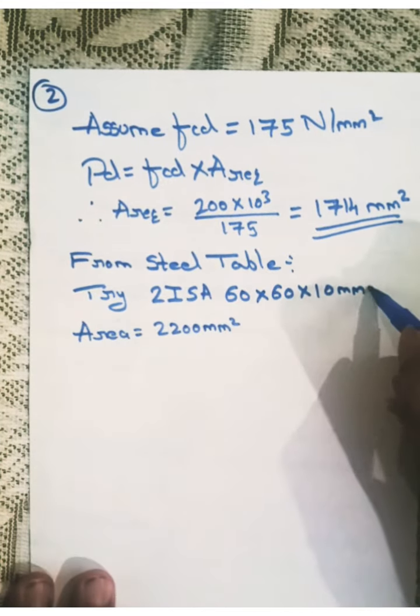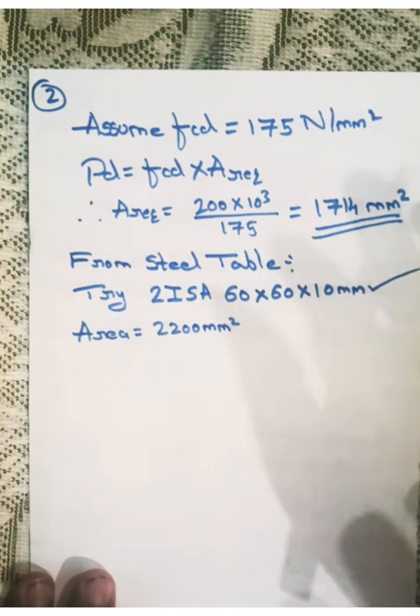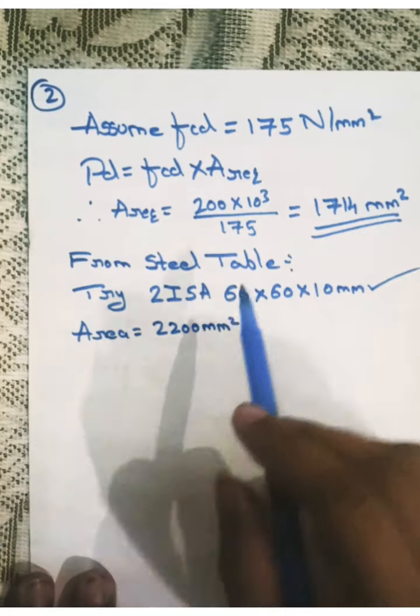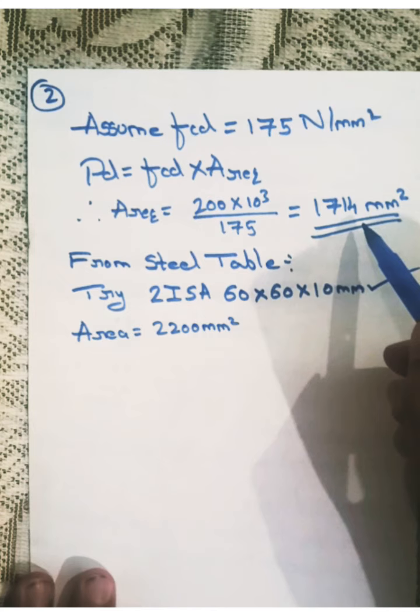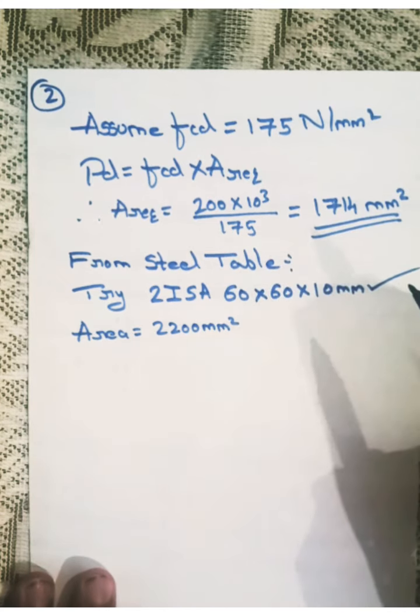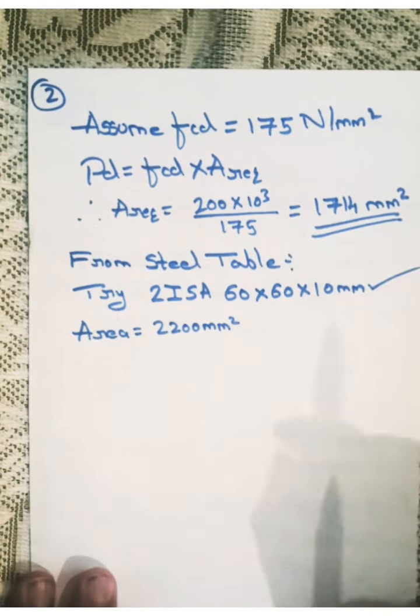It is just a trial section which I am using. You can select any section from the steel table whose area is greater than 1714, say for example 1800 or 1900 or 2000 or 2100, or to be on the safer side you can even assume up to 2400. You should be sure that it is economical as well. The higher the section you select, the less economical it will be. So you have to select a section that is safe as well as economical.